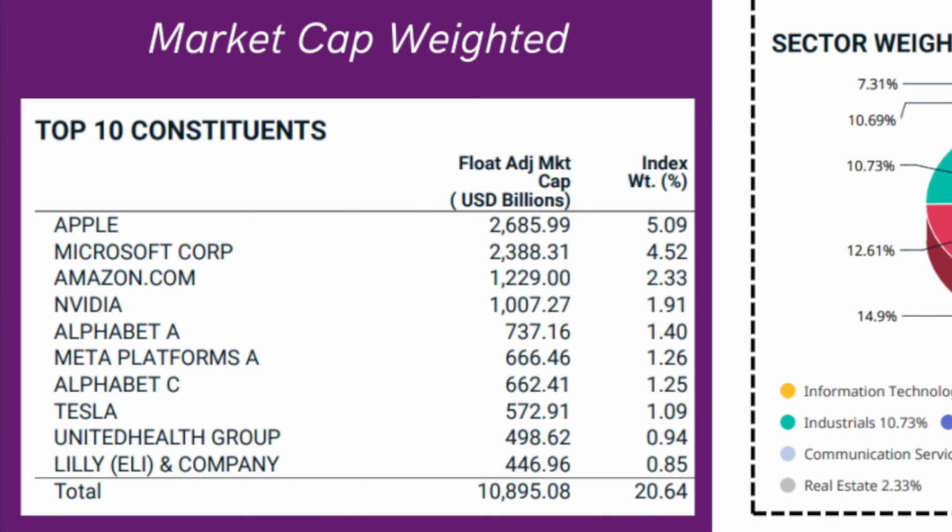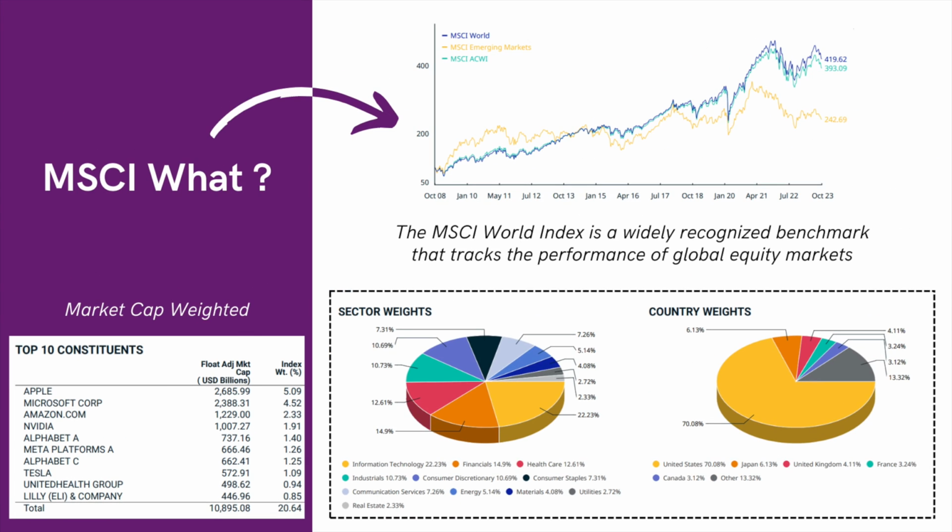And maybe finally, something that you should be aware of is that the index is a market cap weighted index, which means that some members of the index, like you can see Apple in the bottom left corner, for example, represent a significant part of the overall index. Apple, as of today, makes up around 5% of the total index, followed by Microsoft with a weight of 4.5%, and then Amazon with a weight of 2.33%.